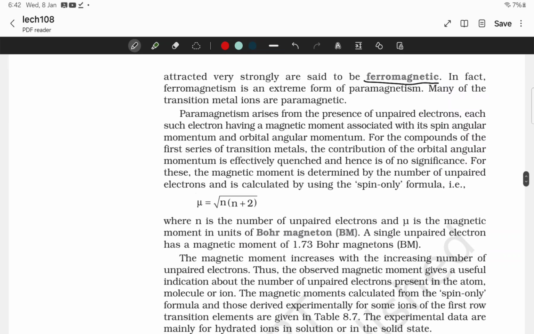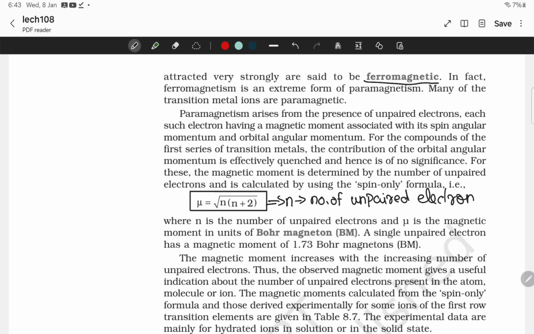Now the spin-only magnetic moment of an element can be calculated by this formula, where n is the number of unpaired electrons. We are calculating it in the unit Bohr magneton.